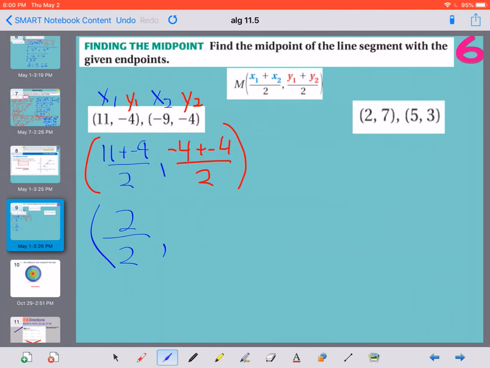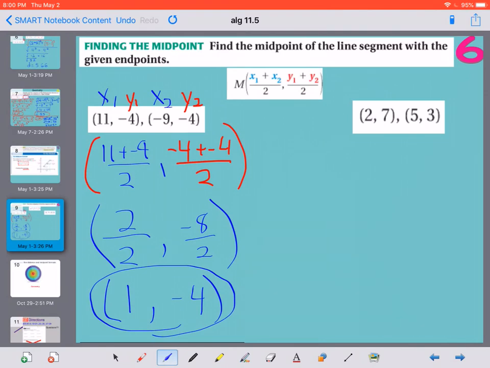Negative 4 plus negative 4 gives me negative 8, divided by 2. So 2 divided by 2 is 1, and negative 8 divided by 2 is negative 4. My midpoint is (1, negative 4).